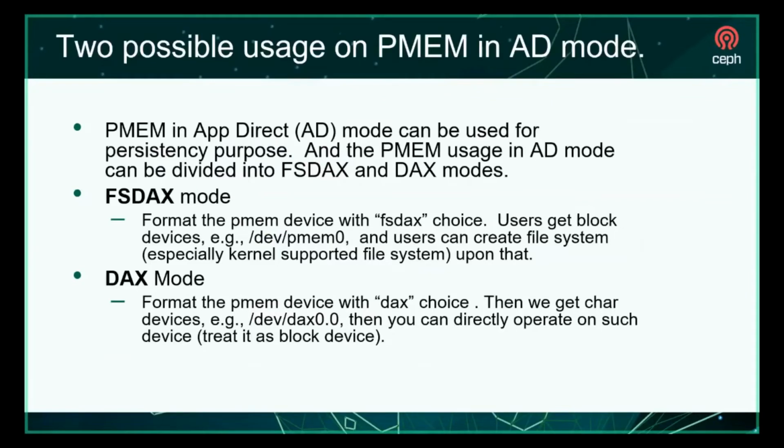And the second is the DEVDAX mode usage. You format the persistent memory with the DEVDAX choice, and you get character devices, for example /dev/dax0.0. But you can still directly operate on such devices.